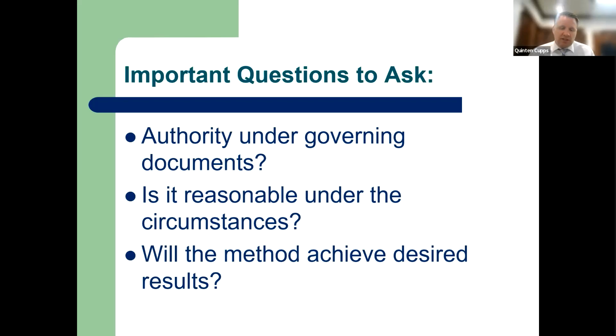So there's two things to look at. If your documents do not mention something, you can only enforce what is in your documents. But your documents may also allow you to create rules, which we're going to talk about in a little bit. There might be a way to address certain issues going on in your community that may not be specifically addressed in your CC&Rs. It's going to depend on the way your documents are written, and there's certain language I would look for in your CC&Rs that might do that.